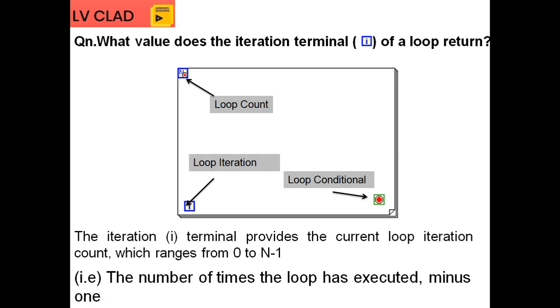That's why it is n minus 1. The range starts from 0 and ends at n minus 1. Simply, I can say the number of times the loop executed minus 1. So n minus 1 is the answer for that case. It is a basic question, you can understand it. Even in the 2017 CLAD pattern they are asking the basic terms.